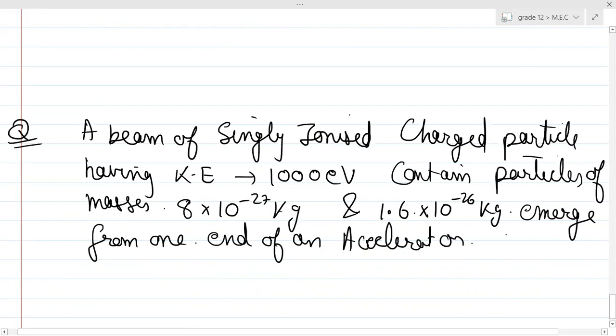What's the answer for the first question? Are you doing that question as of now? Do it. Till the time I'm writing this question, try to do that question.